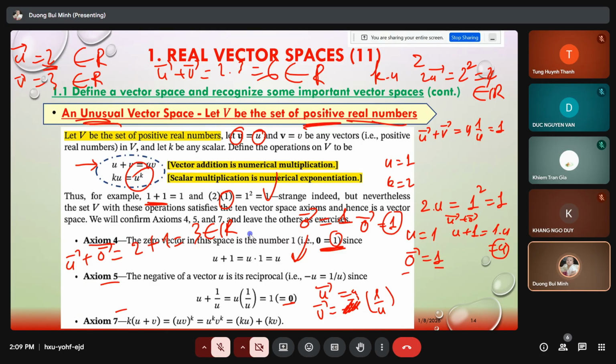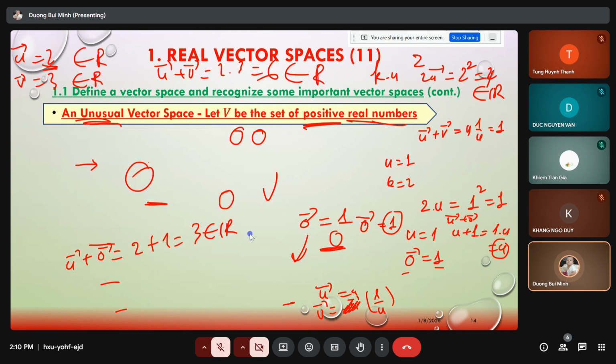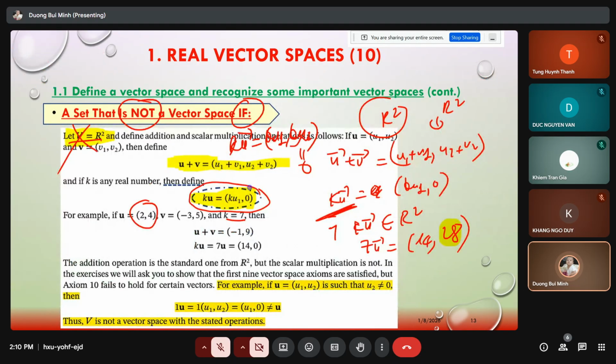Remember, when we define a vector space, we need to double check all 10 axioms. So if we define the vector space like this, you are wrong. If we say this is the vector space and k times vector u is ku1, 0, you are wrong, because if we double check axiom 6, k times u must be ku1, ku2.